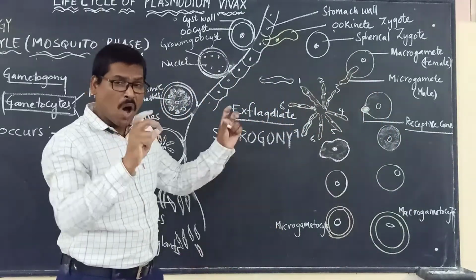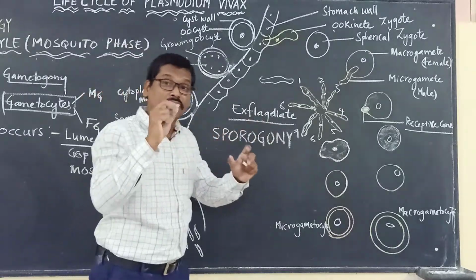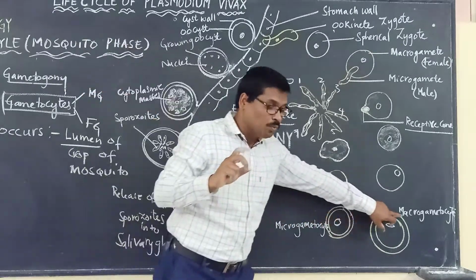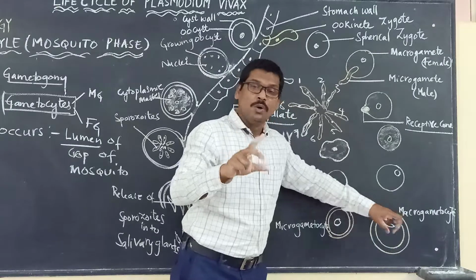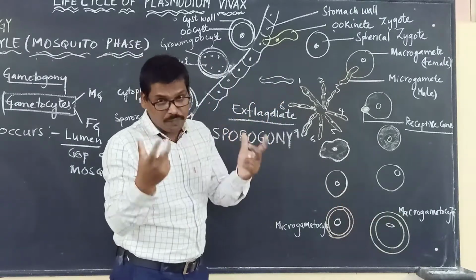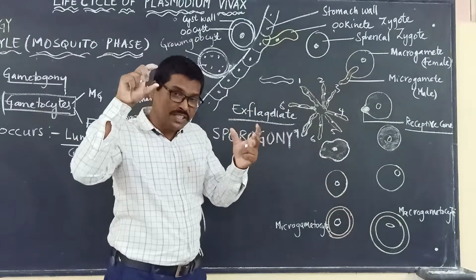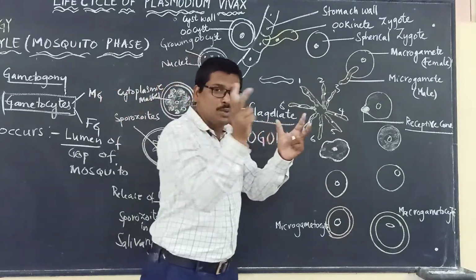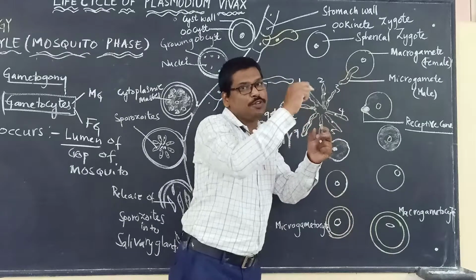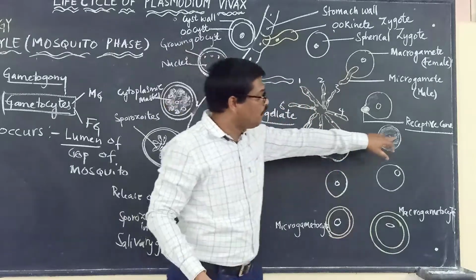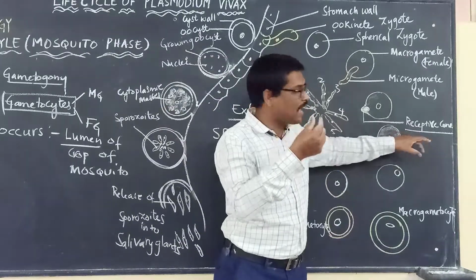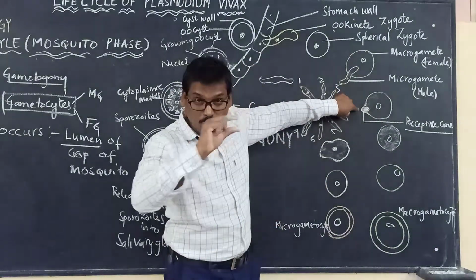So remember how the female gamete is formed. One of the macrogametocytes will develop into a female gamete. As it is developing, the cytoplasm of this gametocyte will move towards the periphery along with the nucleus, forming a receptive cone, an elongated cone protruding outside.